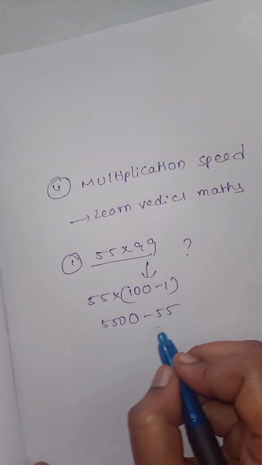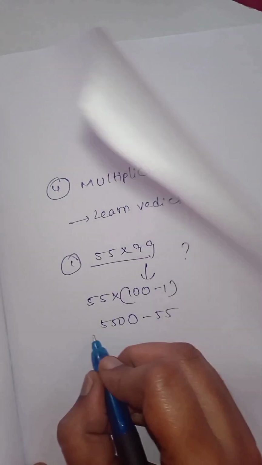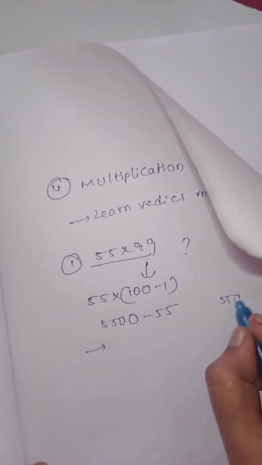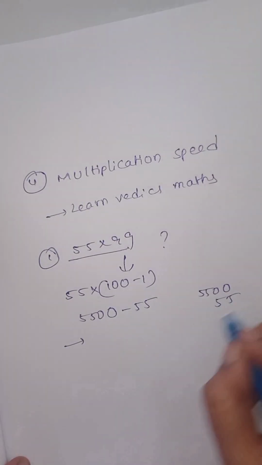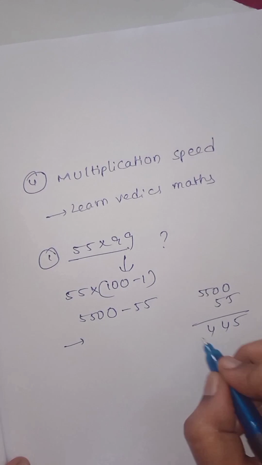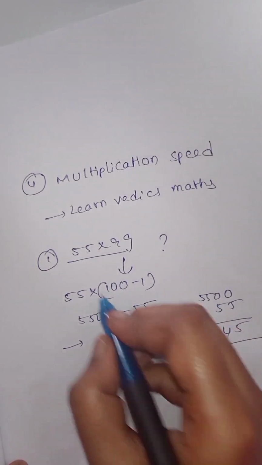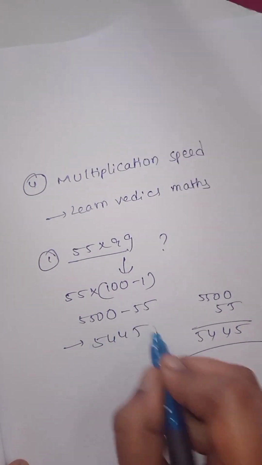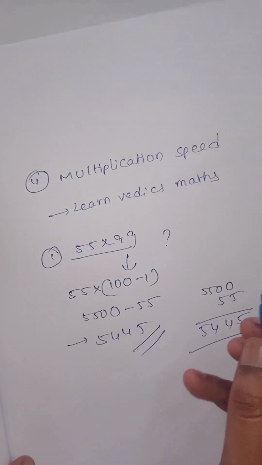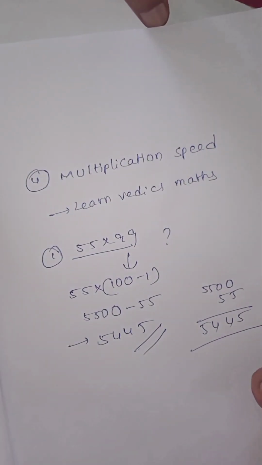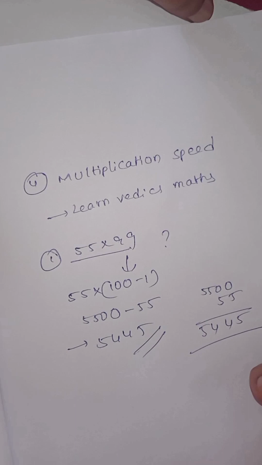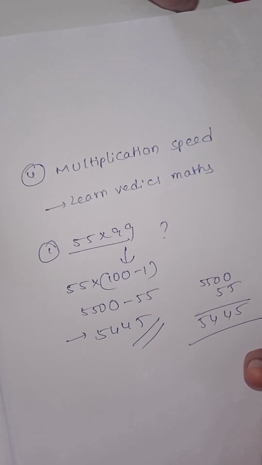I will tell you. 99 is equal to 100 minus 1, so 55 into 100 minus 1. 55 into 100 is equal to 5500, right? So minus 55. If you remove this 55 from 5500, we get 5445, right?